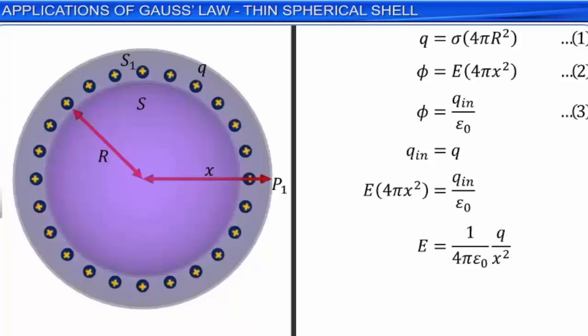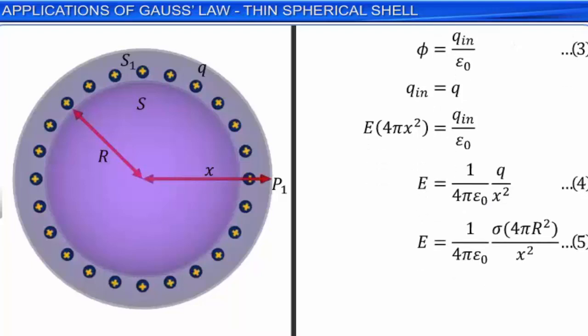Let this be equation 4. Equation 4 gives the electric field strength due to the uniformly charged thin spherical shell at the point P1, which is at a distance x from the spherical shell. By substituting equation 1 in equation 4, we can express the electric field strength E in terms of the surface charge density, sigma, as shown in equation 5.